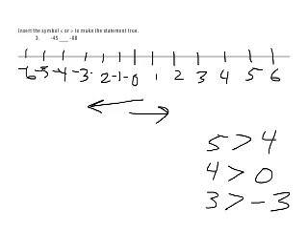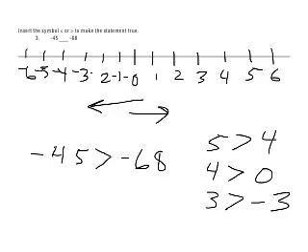But then when we see these numbers, like negative 45 and negative 68, you could get the impression that this is greater. But it's not. You see, because the 68 is further to the left. The 68 is way down that way.